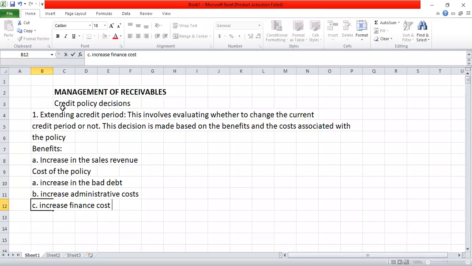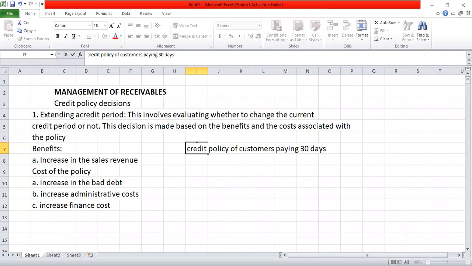What we are talking about here is that, assume the company had a credit policy of customers paying in 30 days. That is your credit policy.